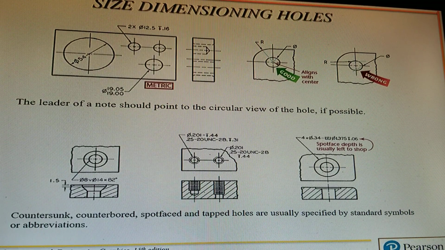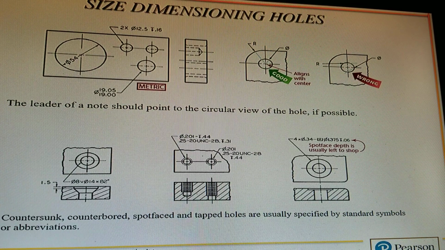Size, dimension, and holes. The leader of a note should point to the circular view of the hole if possible. So you notice in that upper left, all the holes are dimensioned, not in the right side view where all the hidden lines are. Remember, you want to see the hole, put a dimension on it.